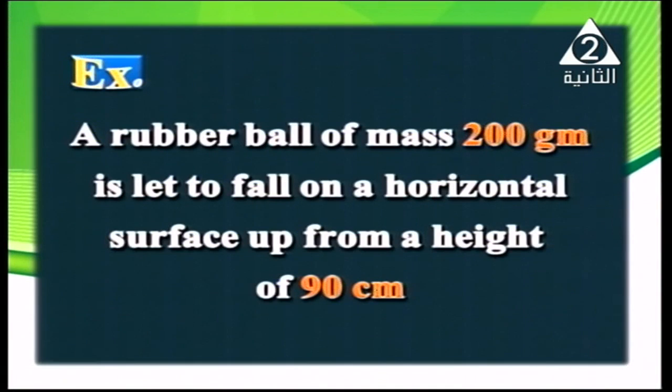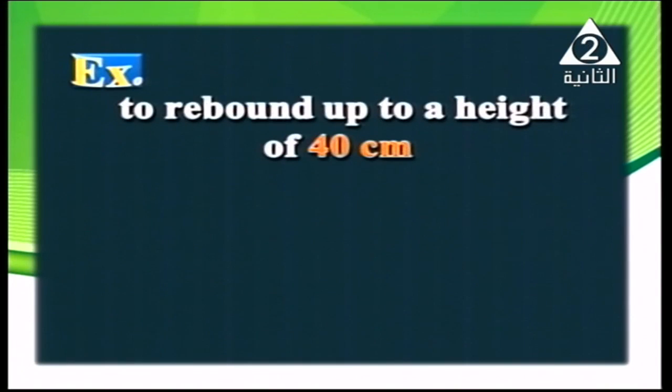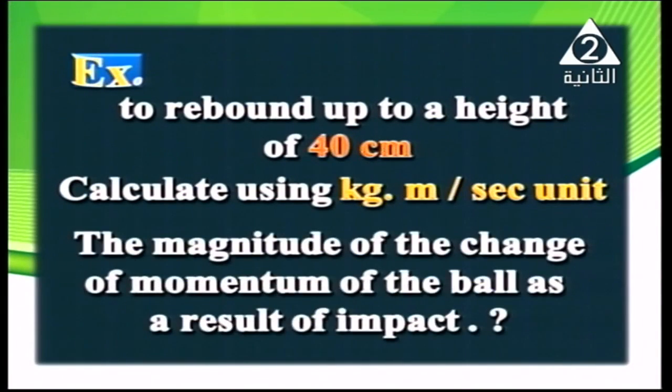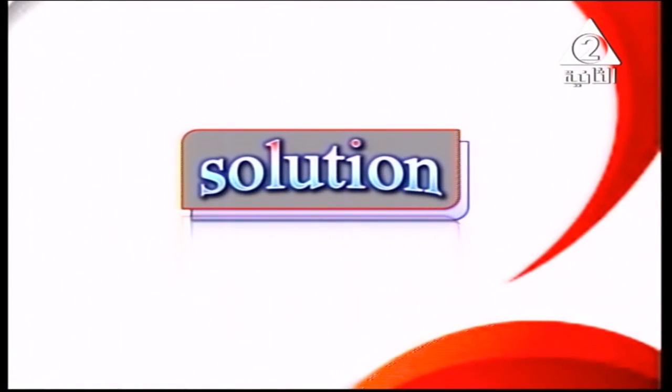After that, it bounds up a distance with another velocity. What does the change of velocity equal? The change of velocity in this case gives the change of momentum. My dear student, look at the solution.